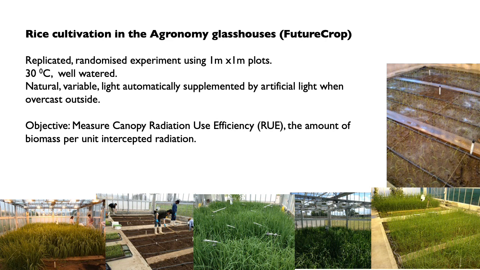We used high temperature, 30 degrees Celsius, and well-watered conditions. The idea here was to measure the canopy level radiation use efficiency, the overall amount of biomass produced per unit intercepted radiation. The style of cultivation that we used in these glasshouses was as close as we could get to the field as possible.